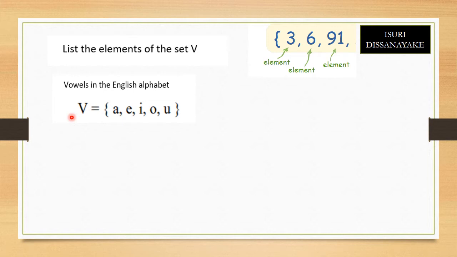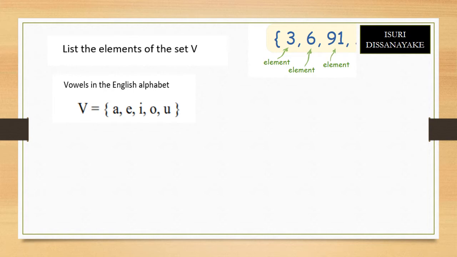So, this is how you list the elements of this set V. V is equal to open curly brackets A, E, I, O, U. So they are the vowels of the English alphabet, and you close the curly brackets. So each letter A, E, I, O, U is called an element of this set V.